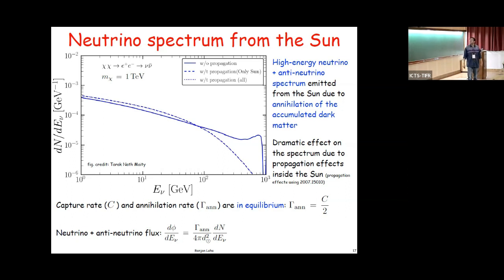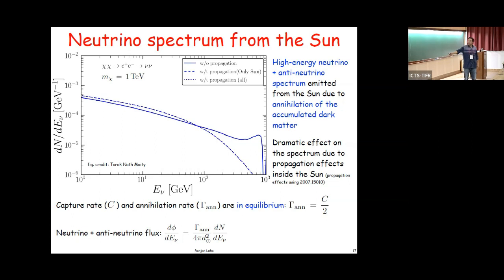We follow that. But the bottom line is that there is a large neutrino spectrum. This is from the solar core, this spectrum, all right? And then as the neutrino propagates out through the Sun, as I said, it gets absorbed. And this is the spectrum leaving the Sun, all right? Taking into account all these propagation effects. Propagation means absorption effects, roughly here, all right?